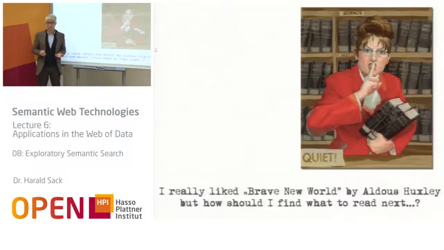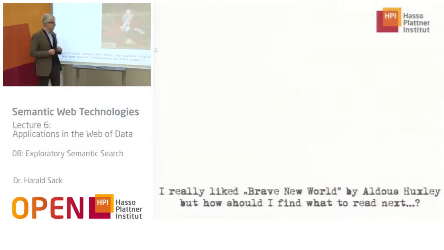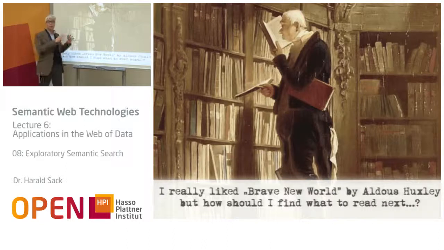What to do then? Then, of course, you would do the same thing that we have done for centuries. You would go to the library shelf, and you would dig into the shelf, look to the right, look to the left, where you have found your original book.